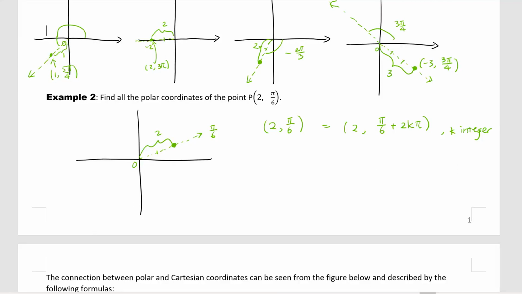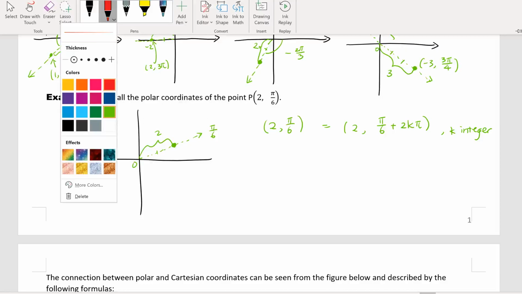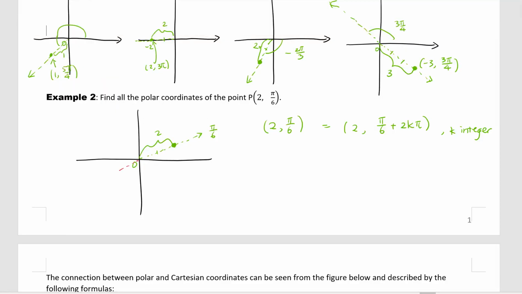Okay, and then there is another way we can express it, by thinking about this angle. So what's this angle? This is pi plus pi over 6. That is 7 pi over 6, right? And then you go backward 2 units.